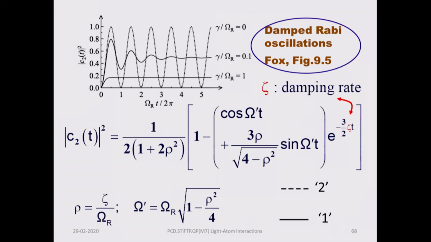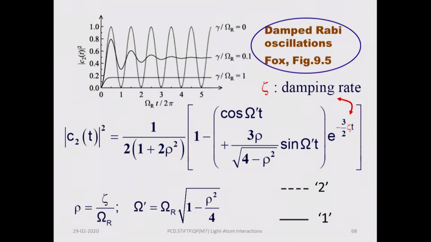So you have this population probability: C2(t) is the probability amplitude that the atom is in the excited state 2. Its modulus square will give you the corresponding probability, and that probability will not remain completely oscillatory because its amplitude will progressively diminish.